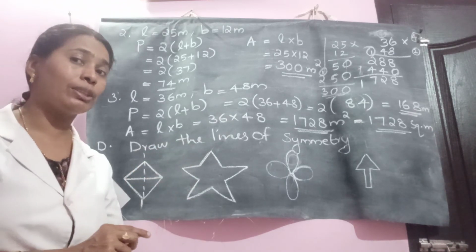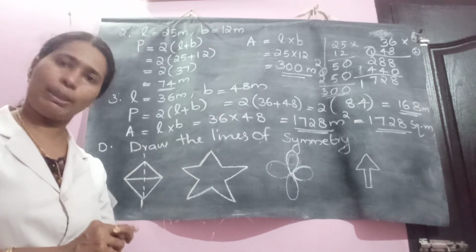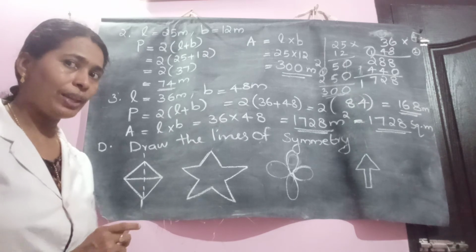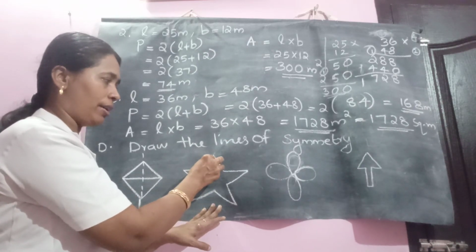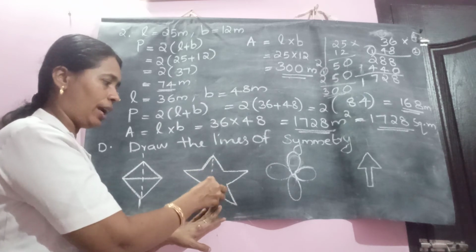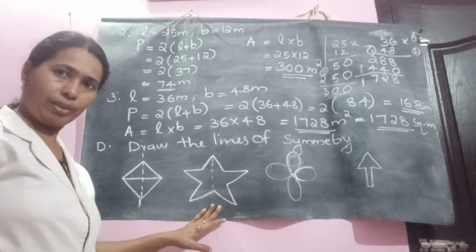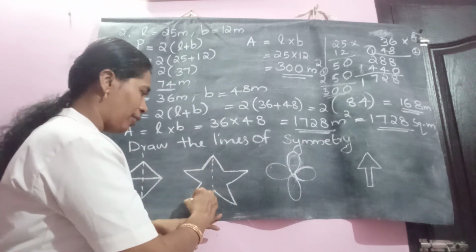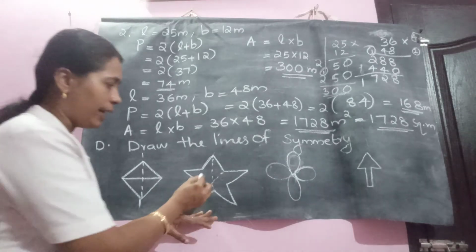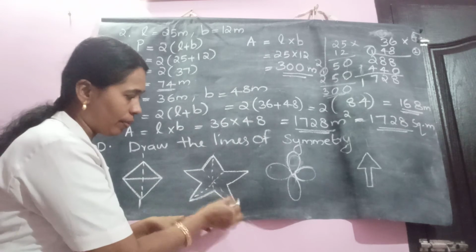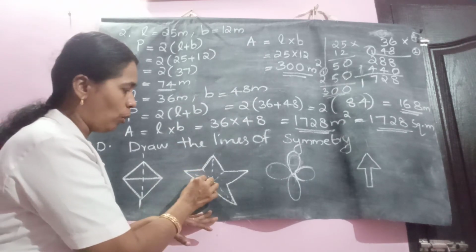How many lines of symmetry for the star? Which is the way? Look at the board, like this. From one corner you start. Like this, 1 line of symmetry. Start with the other corner. 2. Then 3. Then 4.